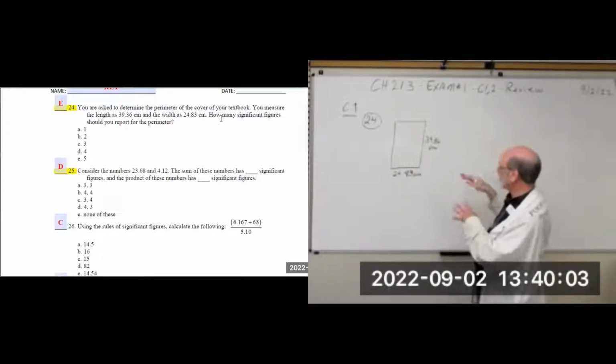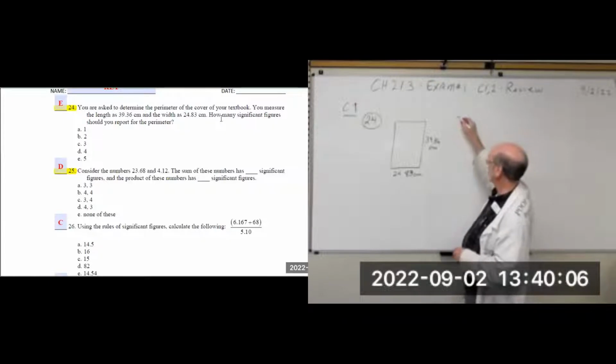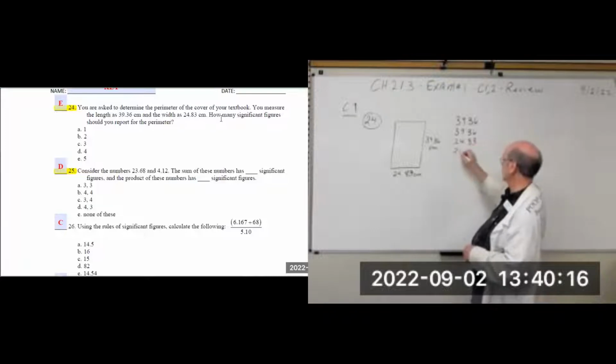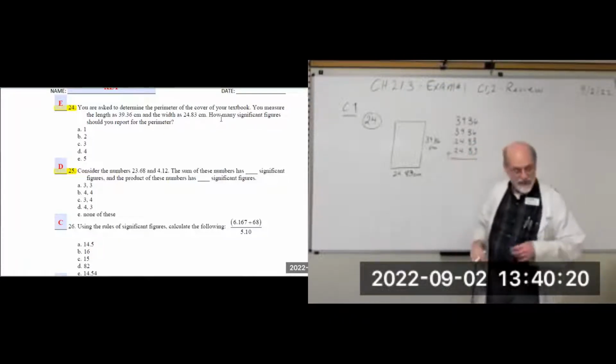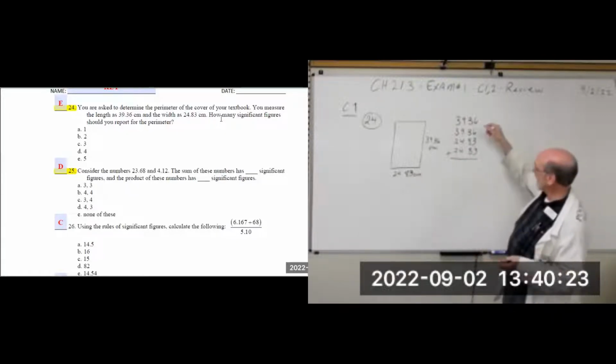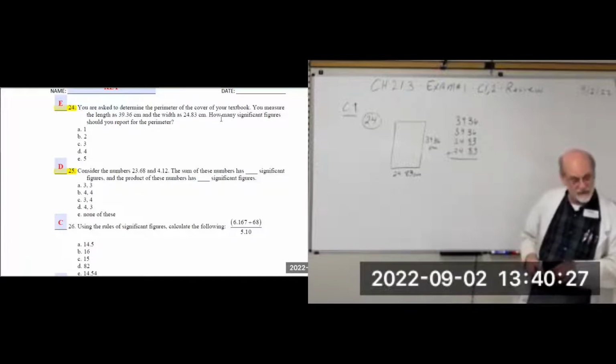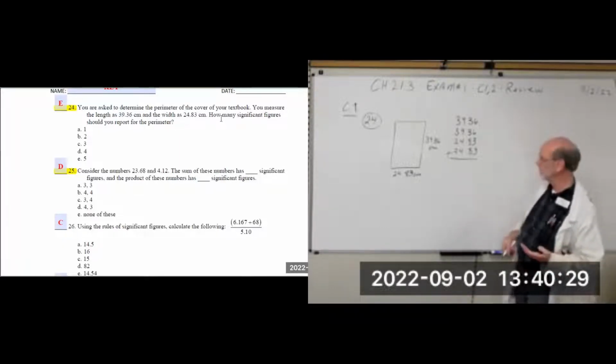And so we need to add those four together. Right? And the question refers to significant figures. So we have an add-subtract rule here. We line up the decimal points, and then we add things together, and then we round if necessary.